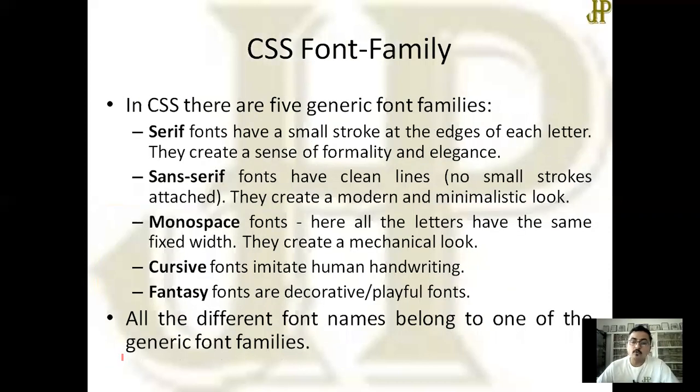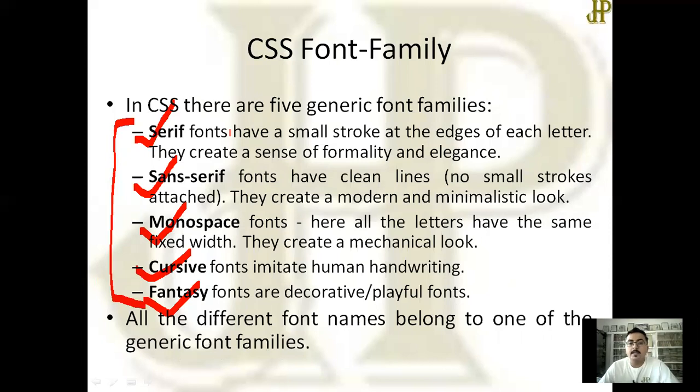So in font family, there are basically 5 categories, and they are categorized into these: serif, sans serif, monospace, cursive, and fantasy. In serif, you can see a small stroke on each edge of the letter. In sans serif, there is a clean letter.